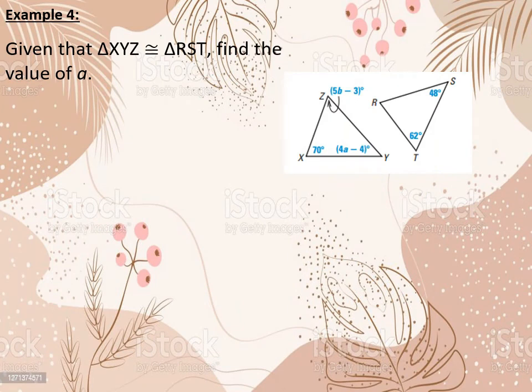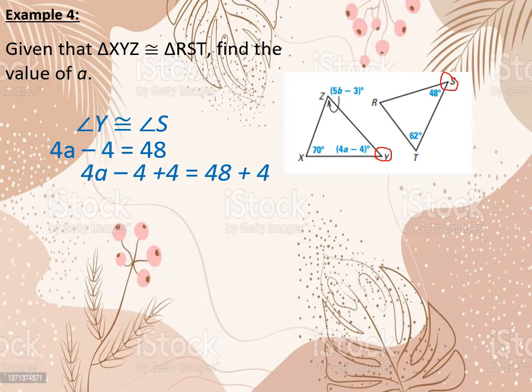For our last example, given triangle XYZ is congruent to triangle RST, find the value of A. Since angle Y is congruent to angle S, and the measurement of angle Y is 4A minus 4 degrees, and angle S is 48 degrees, we come up with this solution. 4A minus 4 is equal to 48.